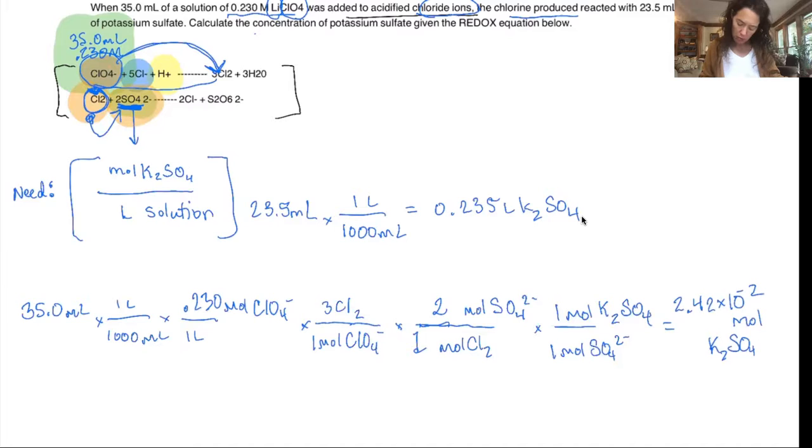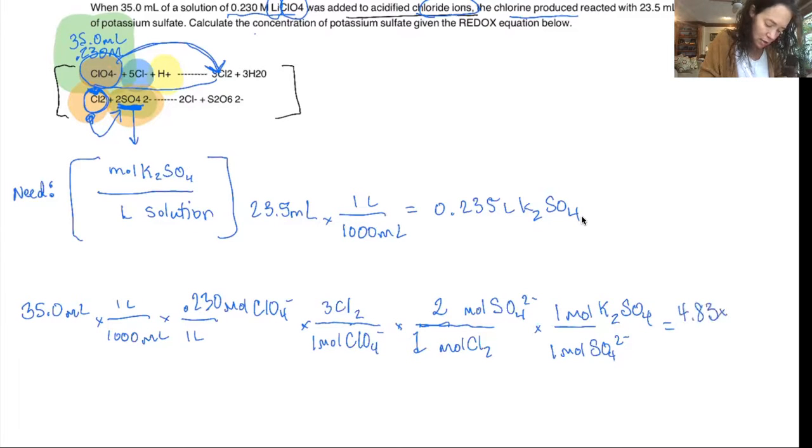Let me make sure. 0.035 times 0.23 times 3 times 2 equals, yeah, that's wrong. So I looked at my calculator. I saw that I made a mistake. 4.83. So I do that times 10 to the negative second, or just do it twice if you have time. But always kind of look, because it's easy to make a mistake.